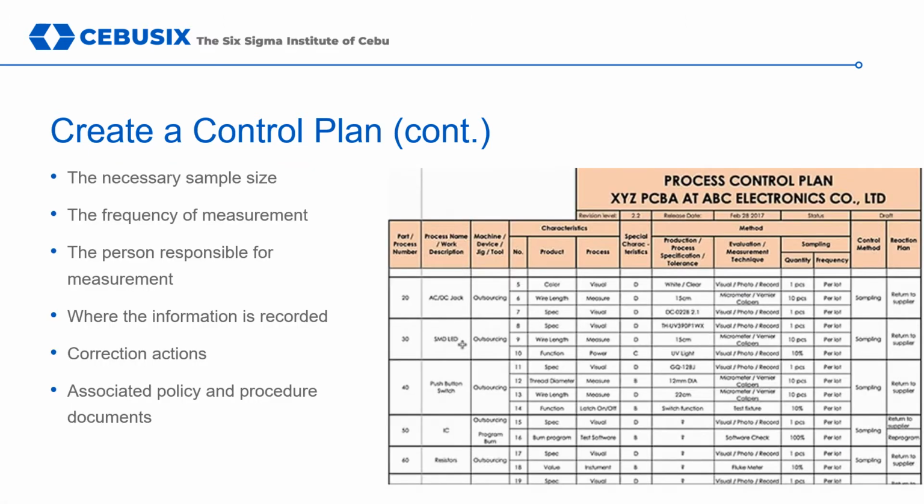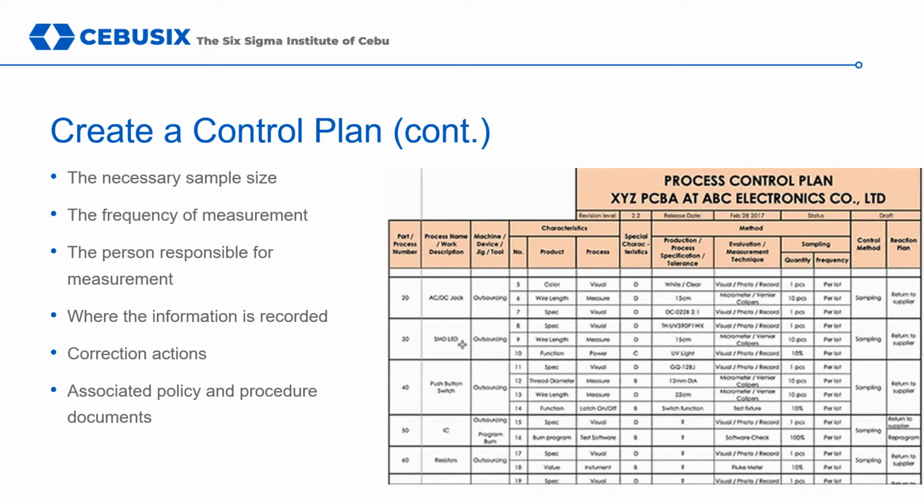To ensure that bias in the control process is limited, we need to indicate the necessary sample size and how often the operator should be performing the measurement. We also need to know who is responsible for that measurement. Is it the machine operator, a member of the quality team, or even a manager? The chart needs to identify where the information needs to be recorded whenever it is collected.